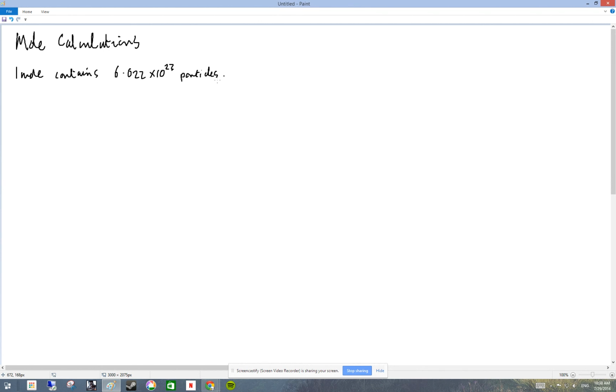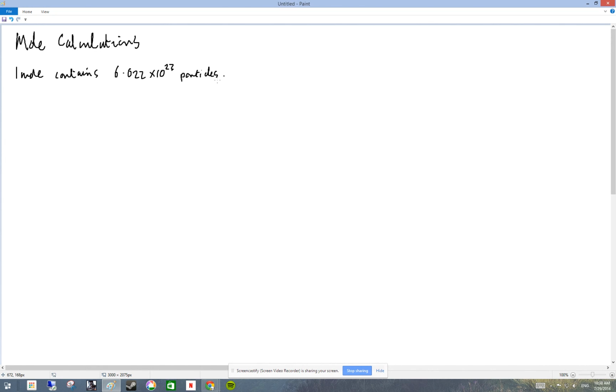In chemistry, a lot of the time we need to know how many particles there are. So rather than talking about the absolute number of particles, we talk about it in terms of multiples of this number. That number is called Avogadro's number, the 6.022 times 10 to the power of 23. And if you have a mole of something, you'll have that many particles.